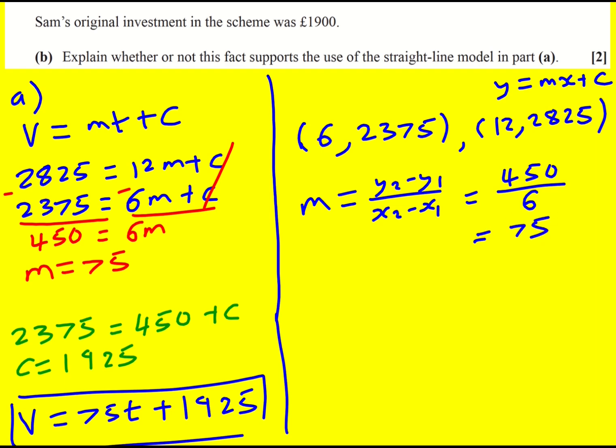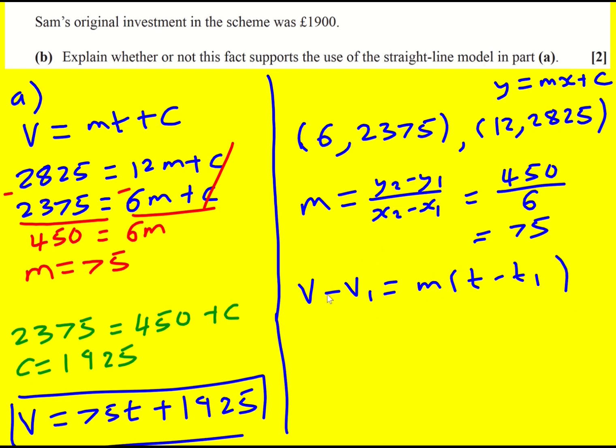And now you can either use y equals mx plus c, but it'd be V equals 75t plus c. Or actually, we could use our y minus y1 equation, but it's going to be V minus V1 is equal to m(t minus t1). It's the same sort of thing. I've just replaced x and y.